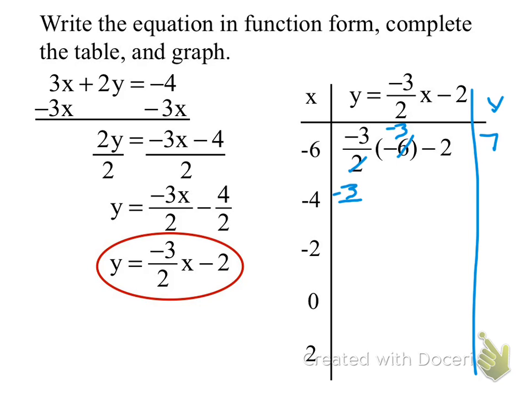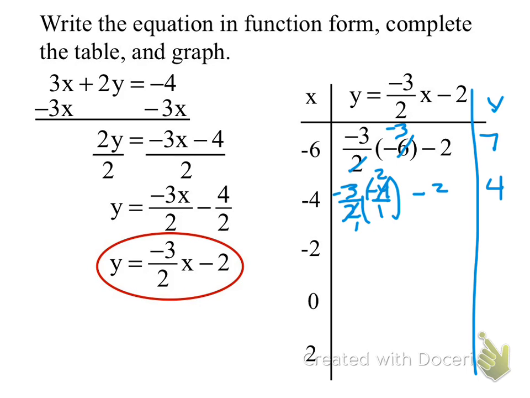Negative 3 over 2 times negative 4. Sometimes my kids like to put it over 1 to keep it lined up. Minus 2. 2 goes into 2 once and into 4 2 times. So negative 3 times negative 2 is positive 6, minus 2 is 4.